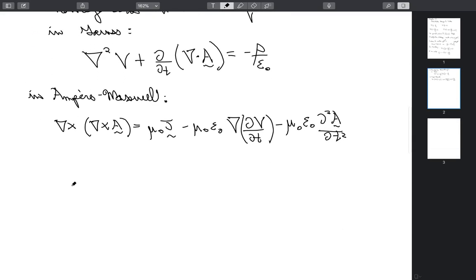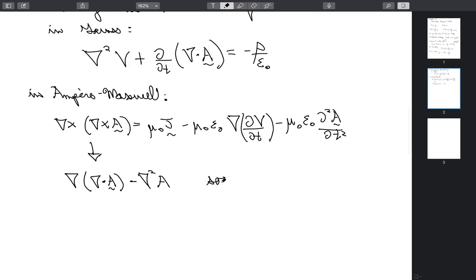Okay, and now, as usual, we can use the trick. There's a vector identity that tells us that the curl of the curl of something is the gradient of the divergence of that something minus the Laplacian of that something.